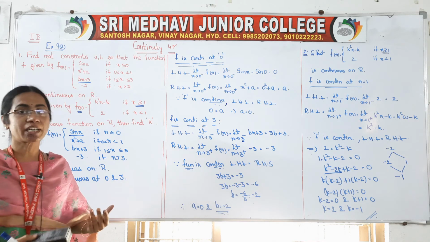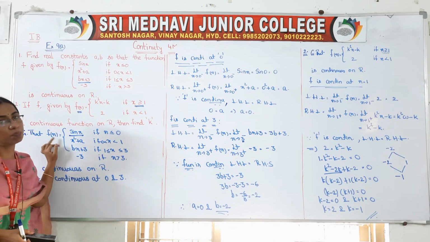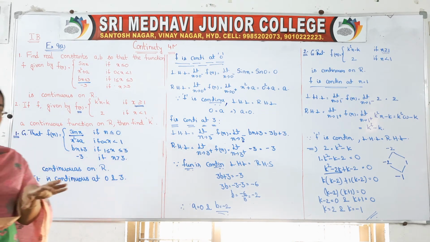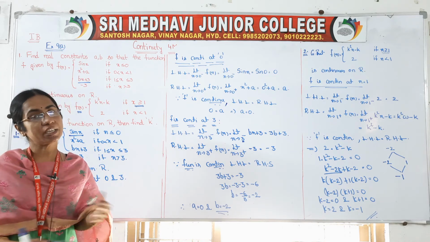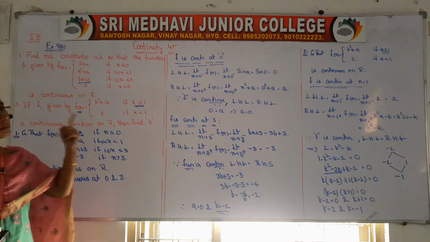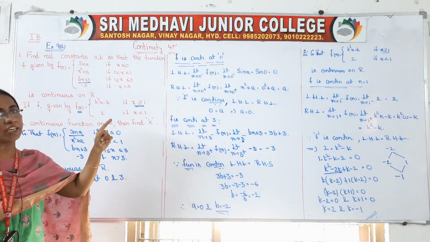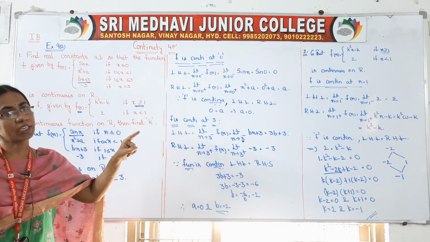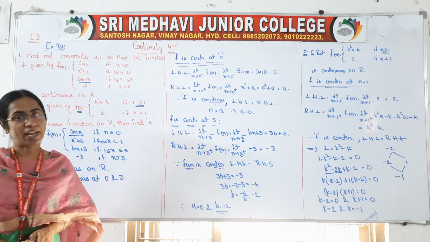That's why we have taken those points to get our a and b values. It is continuous at that point, so left hand limit is equal to right hand limit. If you equate, you will get your required value. Same thing there also: the k value we have to find, so we take left hand limit equal to right hand limit. Then you will get your required k value.